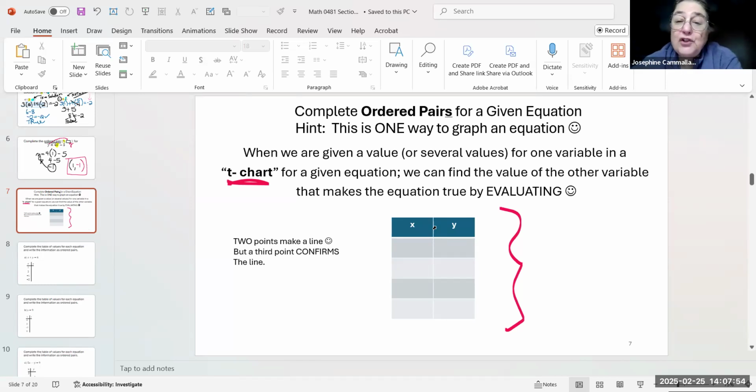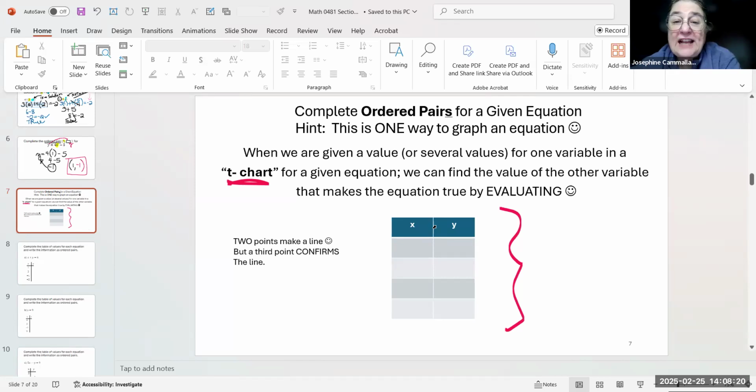Now, you could also, in ALEKS, plot 2 points, draw your line, and check to see whether the third one is on the line, which means you've drawn a correct line. So see, that third point has its value. It has its purpose. The question is, do you want to use it?